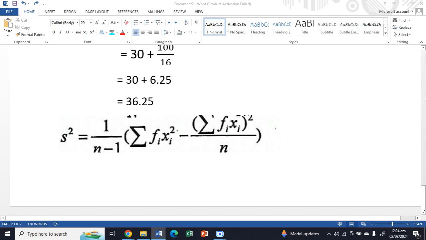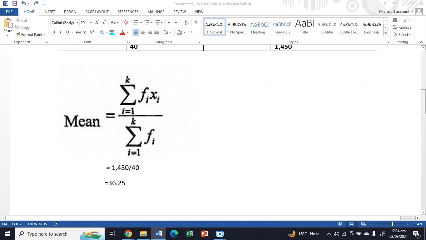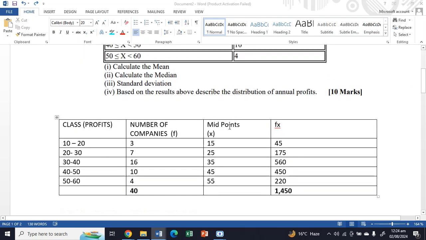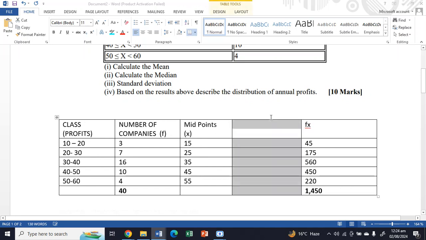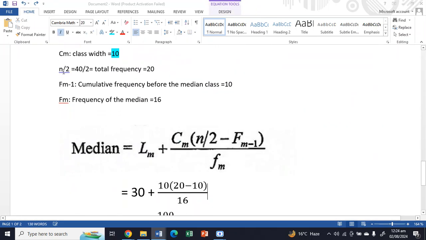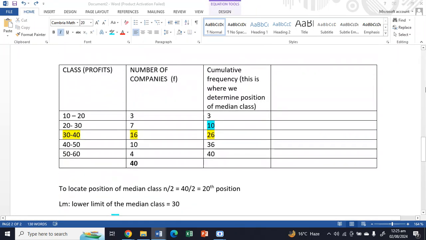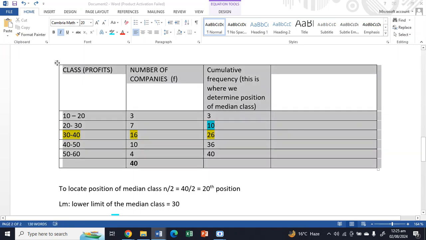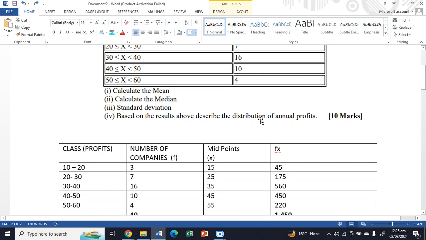All right, so it means our table here, these midpoints, we're going to need to square them. And then once we square them, we multiply them by the frequencies. So let me bring the table there so that it's nearby.